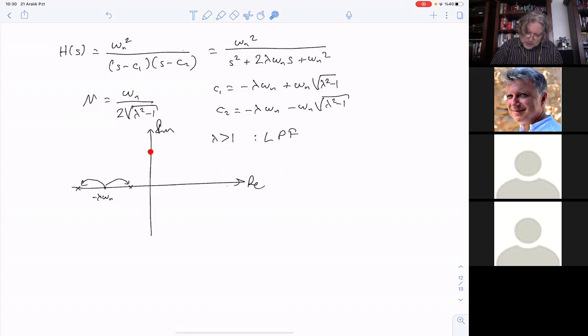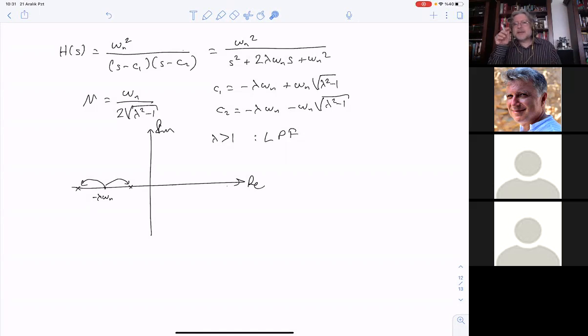And as you proceed to plus infinity or minus infinity, the distances from the poles will increase. So in general, it will decrease the magnitude response towards the tails. That's why it's a low pass filter. But this is only happening as lambda is greater than 1.